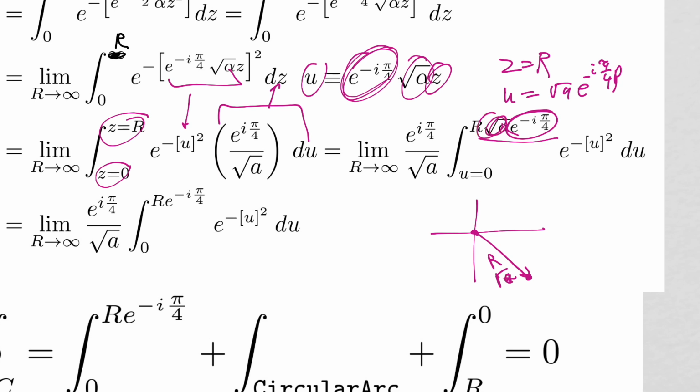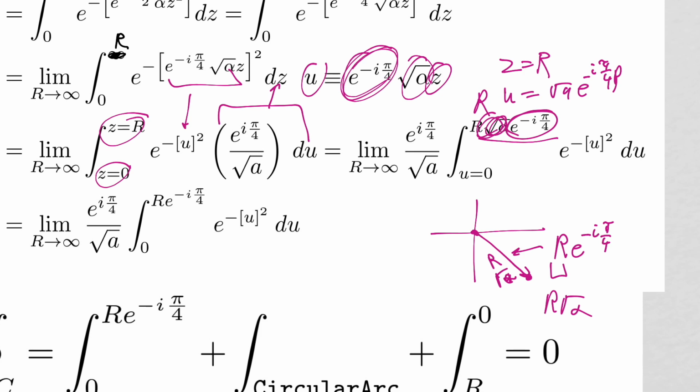But I'm going to take alpha and the square root of alpha and blend it all back into r. So this length here is just going to be r e to the minus i pi over 4. In other words, I'm just redefining r to be r times the square root of alpha, right? Because it's all a real number, so it's fine. And we're taking the limit as it goes to infinity anyway.